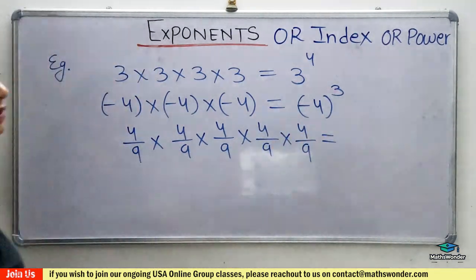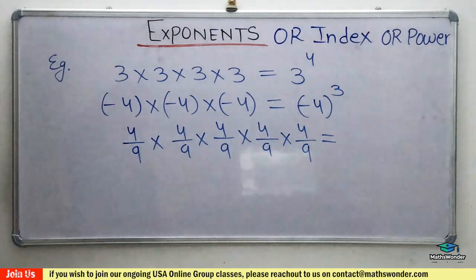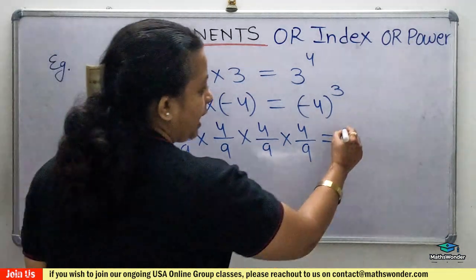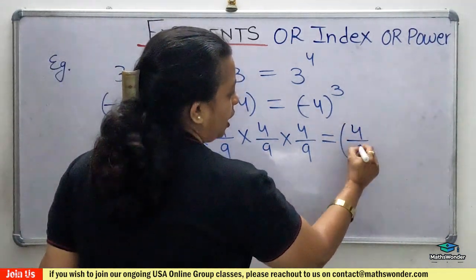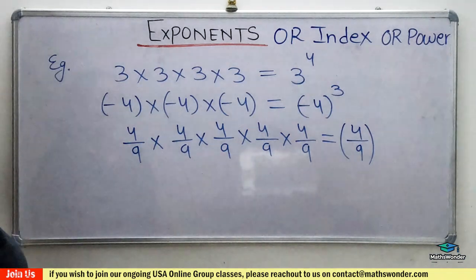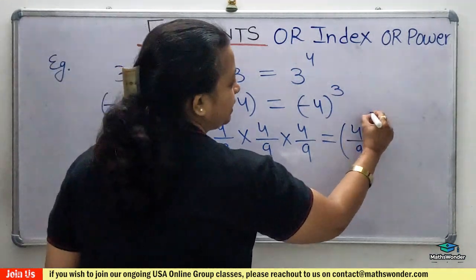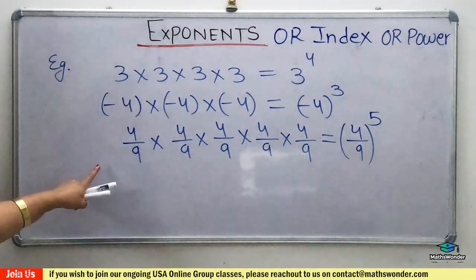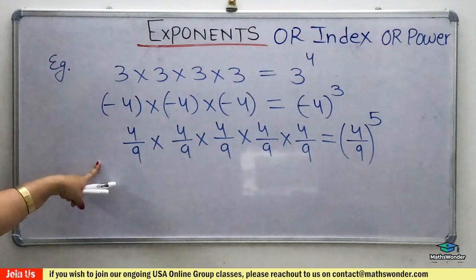See how you will write it in exponential form. The base is 4 over 9. And how many times is it repeated? 1, 2, 3, 4, 5. So this is the fractional exponential form, right?